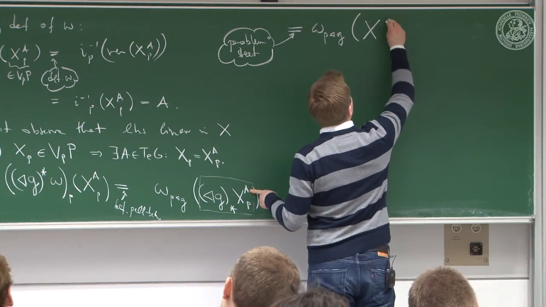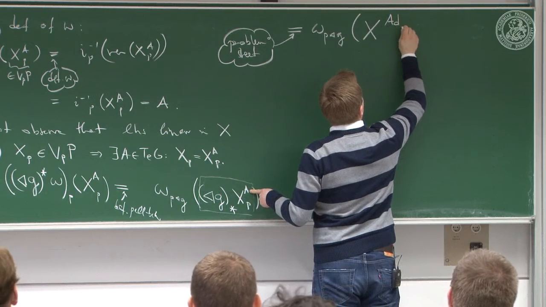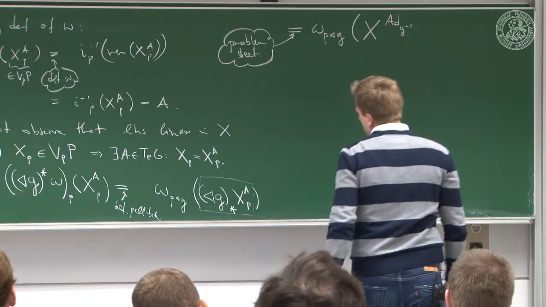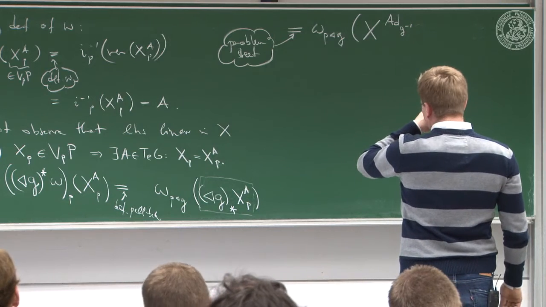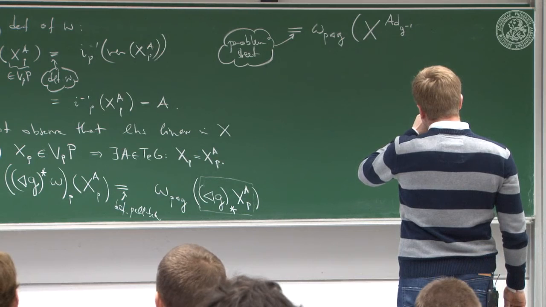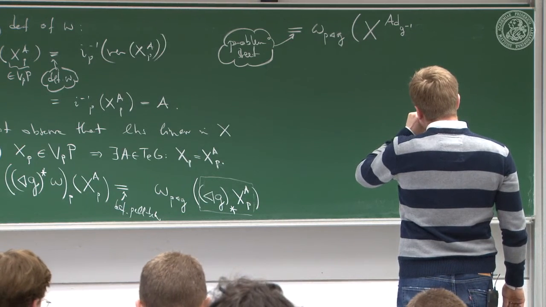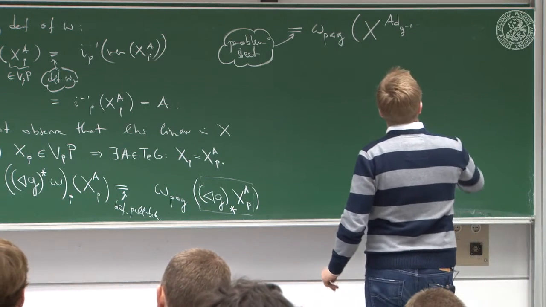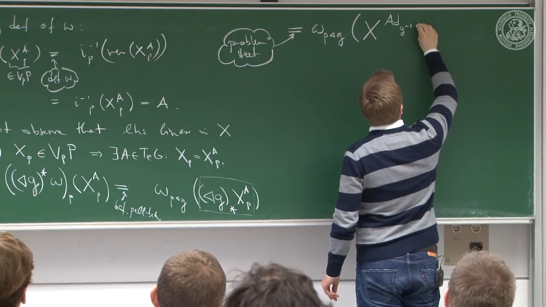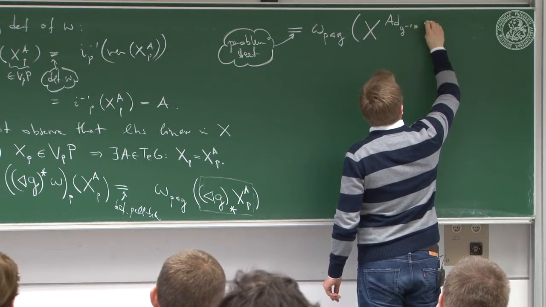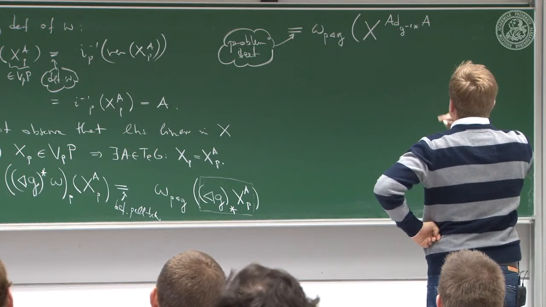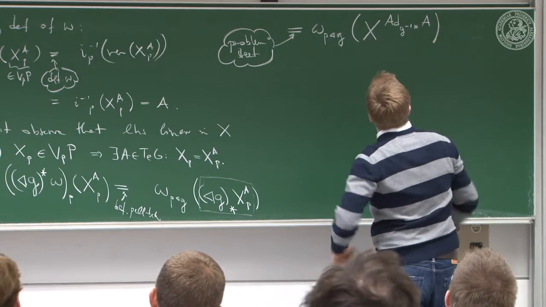In fact, it's generated by Ad G inverse, hang on, how did this work? It's generated by Ad G inverse acting on A, we need a Lie group element, push forward on A. Yes, I think that's right. So that's on the problem sheet.